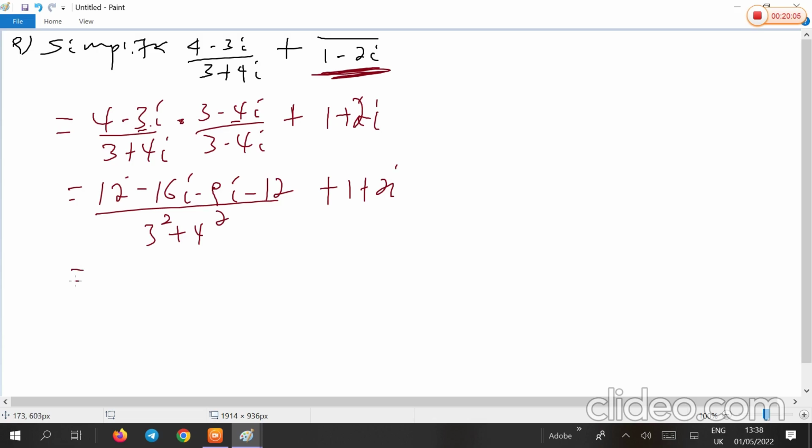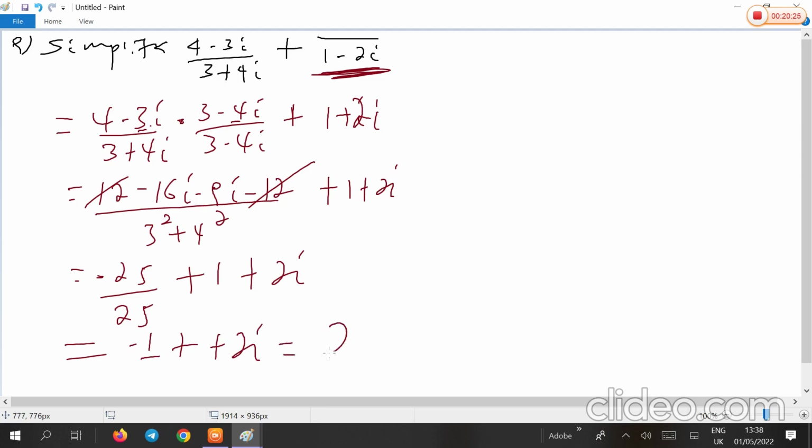So 12 minus 12 simplifies to zero, and minus 16i minus 9i is minus 25i over 25, plus 1 plus 2i. So minus 25i over 25 is minus i, and minus i plus 1 plus 2i gives 1 plus i. So that is the simplified form of the given complex number.